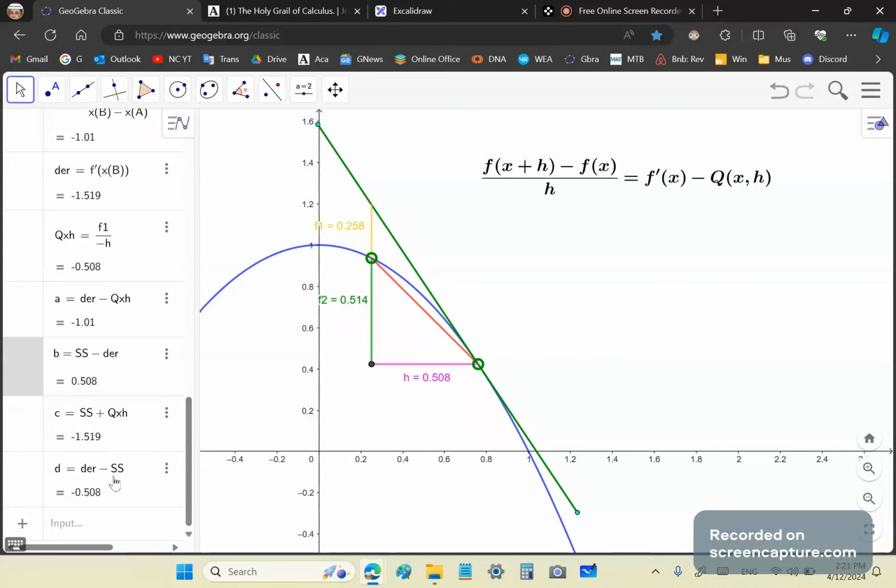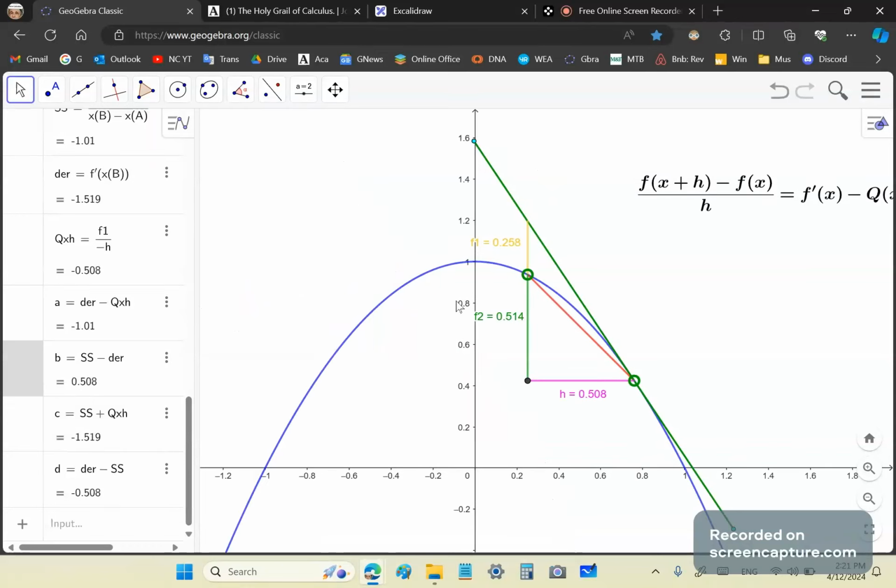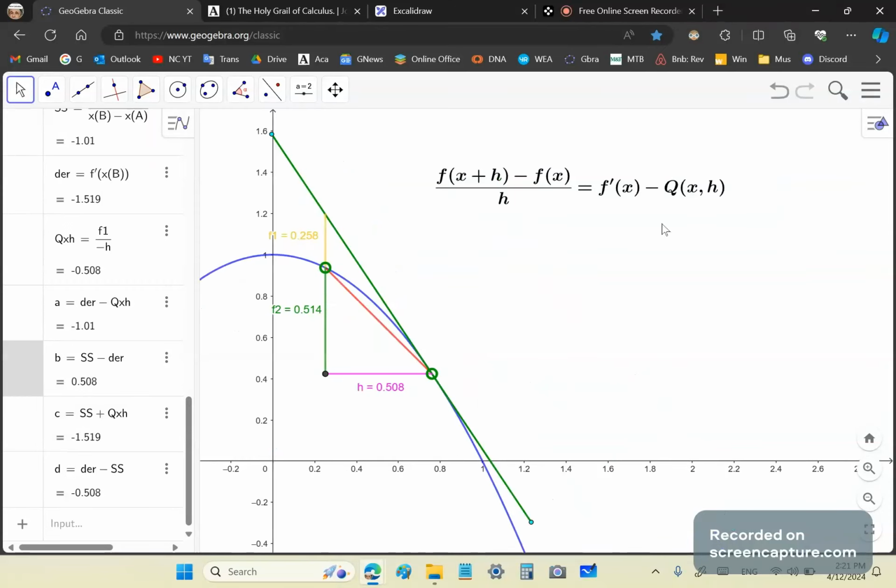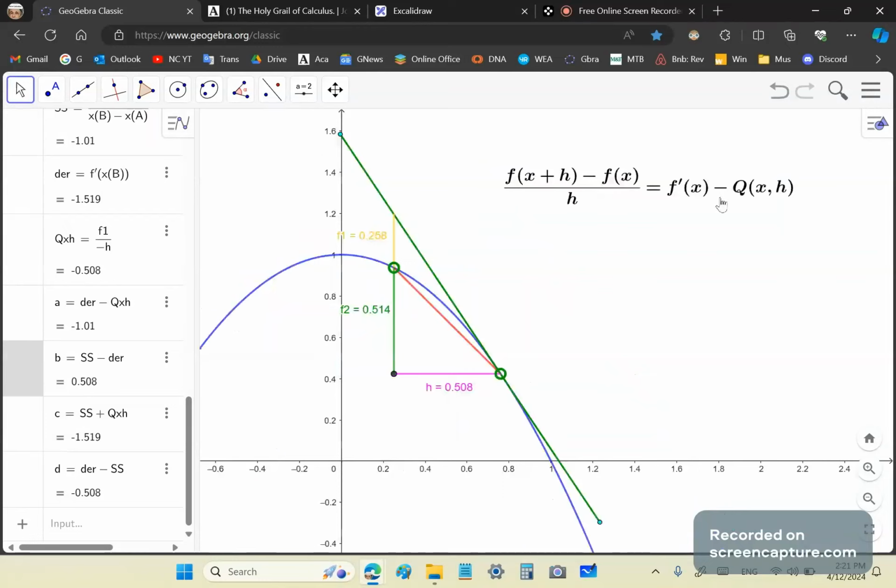And if, for example, the tangent line is lying on this side of the curve, then obviously the tangent line slope would still be greater than the secant line slope. I'm talking about in magnitude, not necessarily in terms of sign. And that way you'd know which form to use. So you can only use one of two forms, either a plus or a negative there. So I hope this has cleared this issue up once and for all.